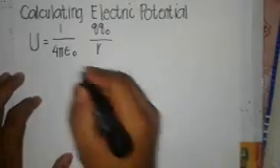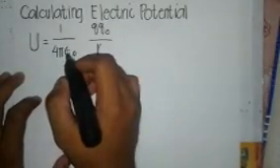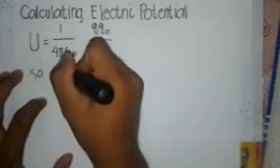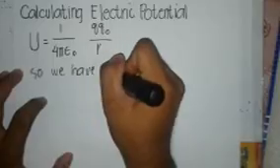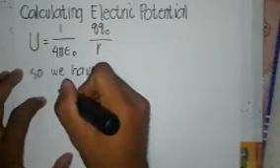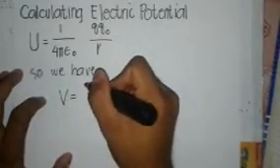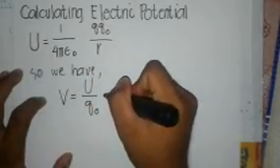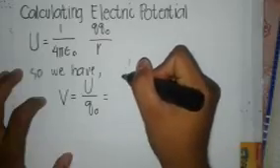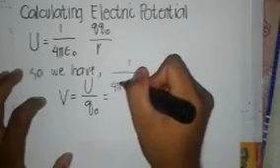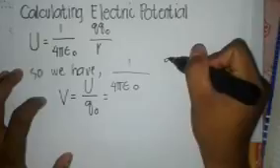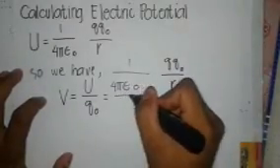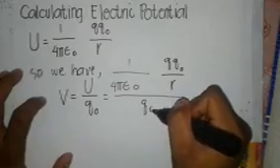Since potential is equal to potential energy per unit charge, we have 1 over 4 pi epsilon naught, Q naught over r, divided by Q naught.